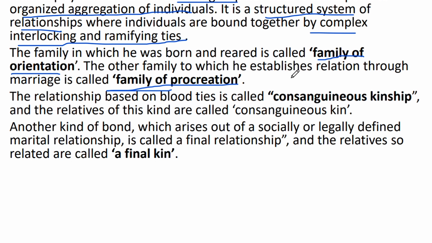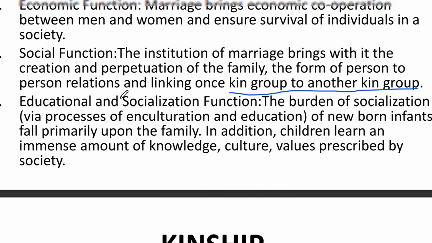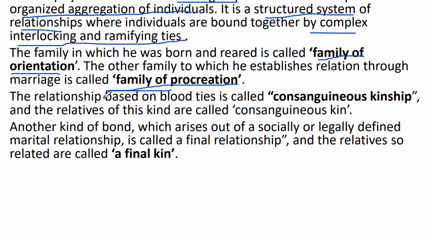A relationship based on blood ties is consanguineous kinship, and relatives of this kind are called consanguineous kins.